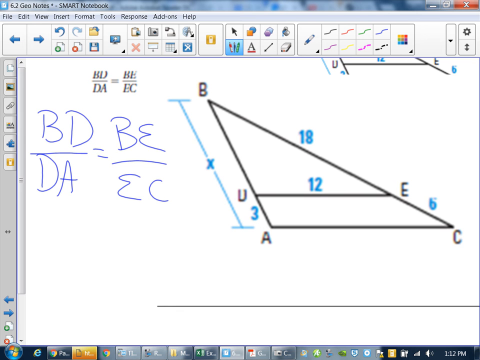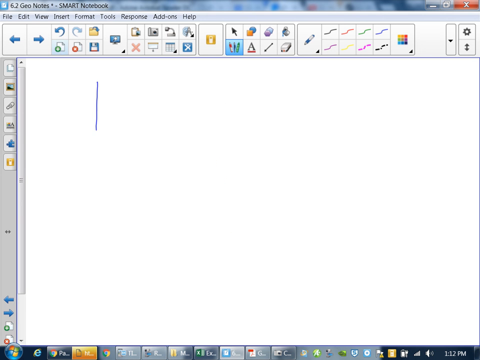X minus 3. If the whole chunk of a segment is unknown, but you know a part of it, from this much of it is 3, how much is left between here and here?